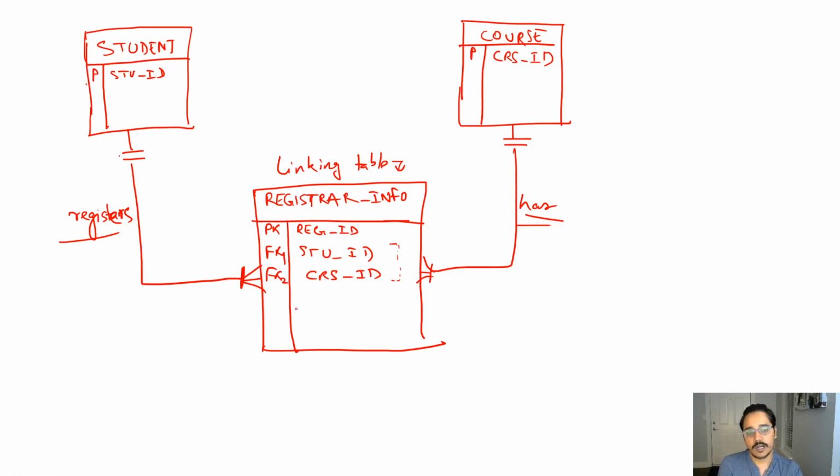Okay. So now, in addition to this, of course, you can have other information. You can have registration date, you can have registration method, and all those kind of things. Any additional information that you want to track for the activity of a student enrolling for a course and a course having a particular student.